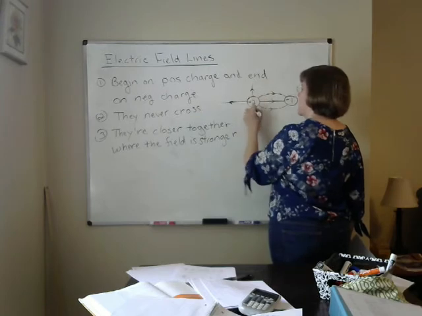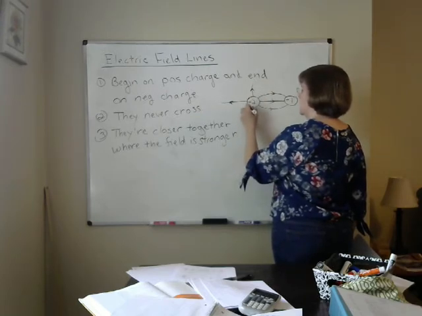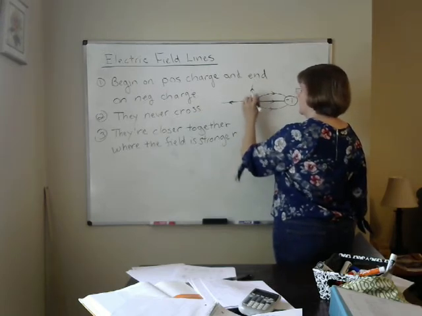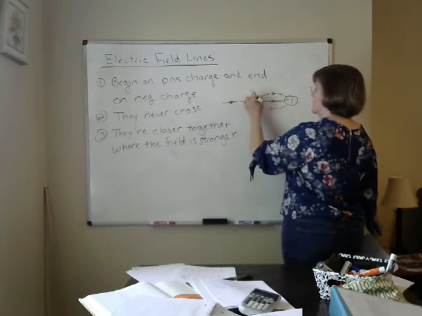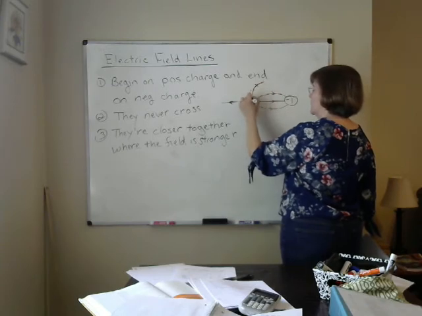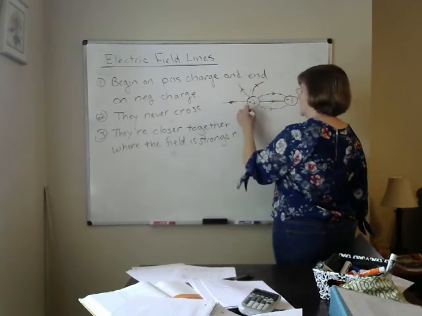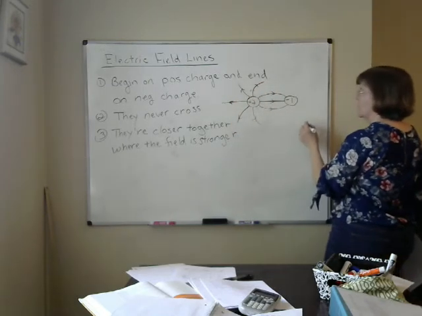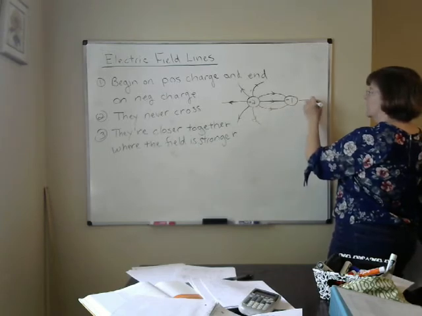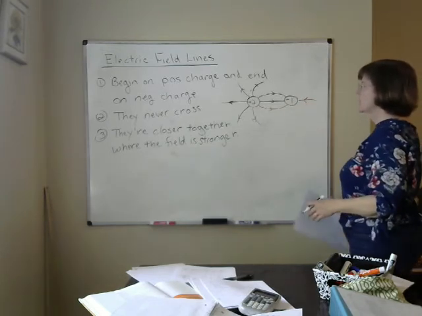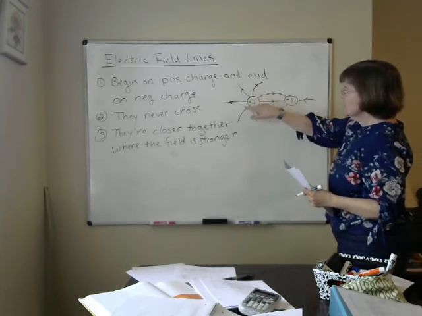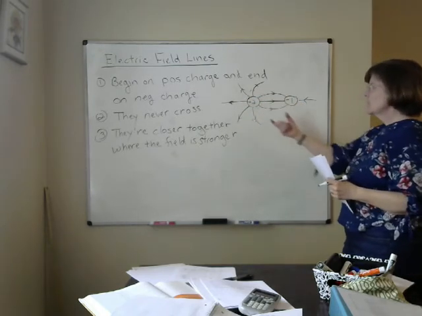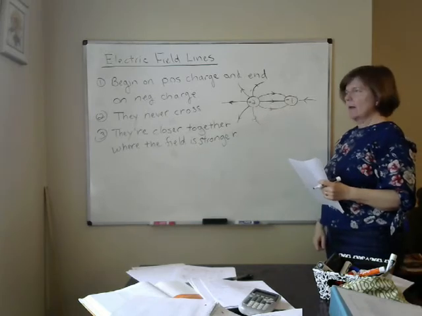The number of lines does depend on how much charge we've got. These are going to kind of bend a little. And over here, there won't be as many, something like that. I put 4 lines here, but I put 1, 2, 3, 4, 5, 6, 7, 8 lines here. Twice as much charge, twice as many lines.